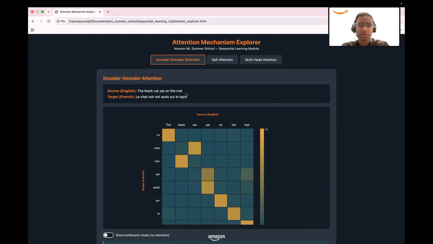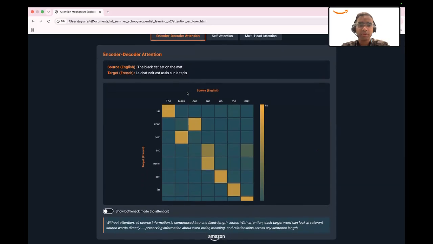As you can see, in encoder-decoder attention, what we are essentially doing is having a score for each and every output token. In our case, let's take the sentence written in French as the output, and the sentence in English is my source, my input.